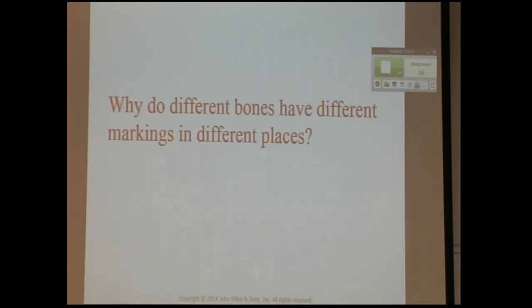So why do different bones have different markings in different places, do you think? Different stresses put on them. Like tendons belong in different places. Yeah. It's probably more detailed than before.